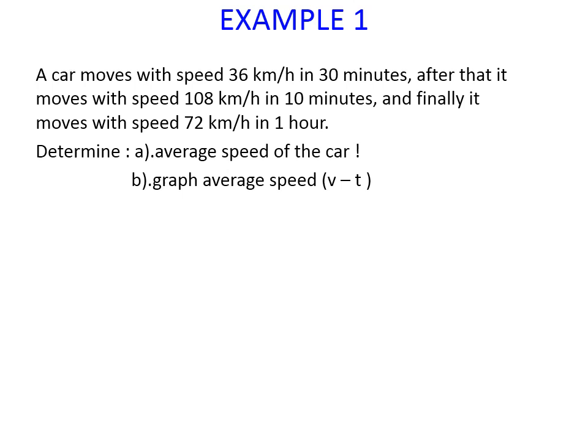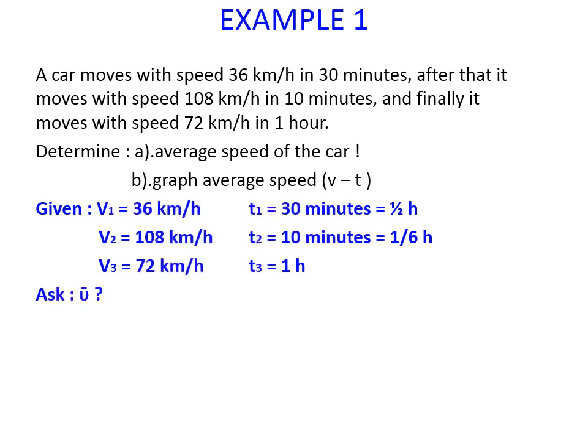Velocity toward time. From the problem, we get the given information: V1 equals 36 km per hour, T1 equals 30 minutes equals half hour, V2 equals 108 km per hour, T2 equals 10 minutes equals 1 per 6th hour, V3 equals 72 km per hour, T3 equals 1 hour.